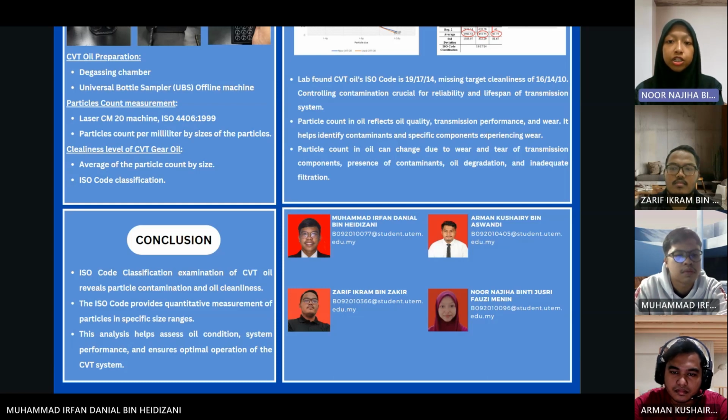Observing particle contamination in the lubricant samples and classifying the level of cleanliness were the intended outcomes of the experiment. The ISO code classification examination of CVT oil reveals particle contamination and oil cleanliness. It is essential for the proper operation and longevity of machinery systems that the lubricant be clean.